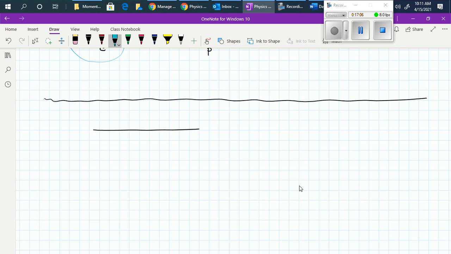And then you see that the magnetic field on the top part is into the page, and on the bottom part is out of the page. And then you are asked for the direction of the electron.